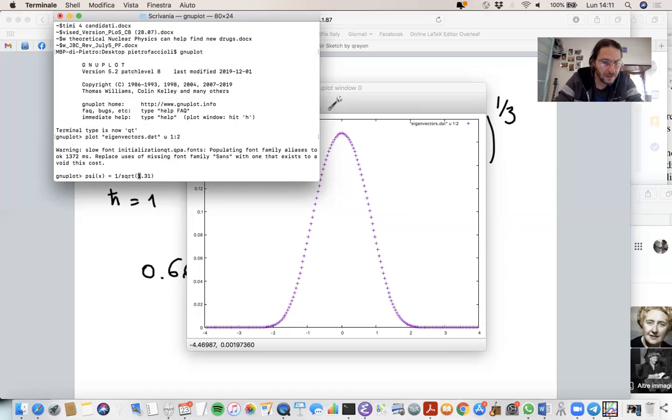And then we multiply by exp of negative x squared times the parameter alpha. And numerically, alpha bar is 0.91.